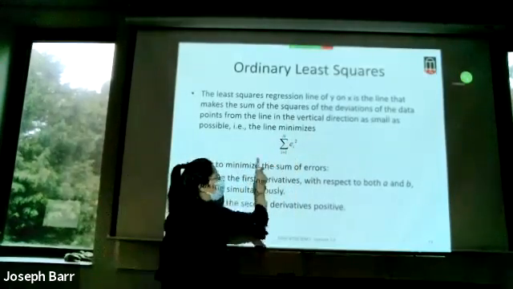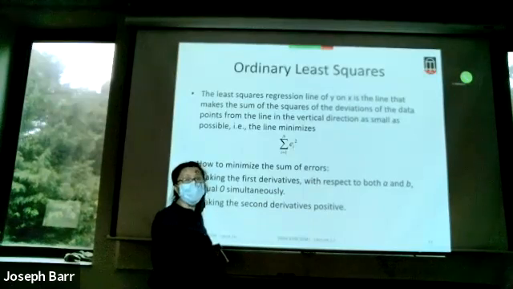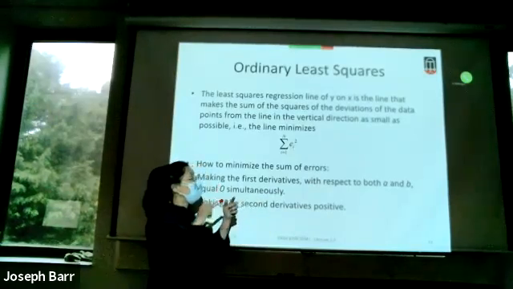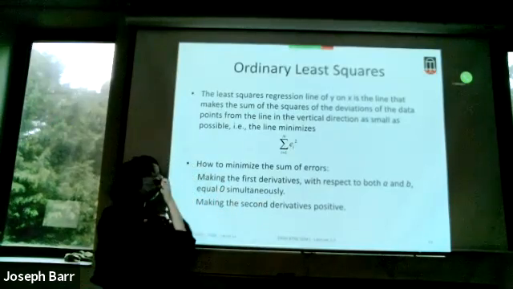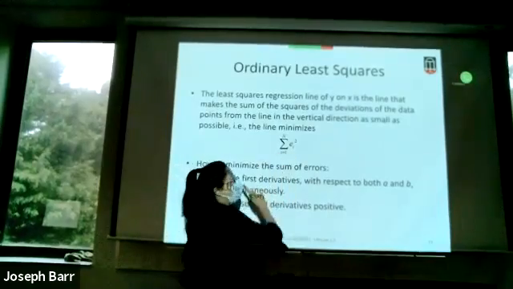So how to minimize this term? If you took calculus, you know how to minimize a term: you need to take the first derivative with respect to all the parameters inside this form.